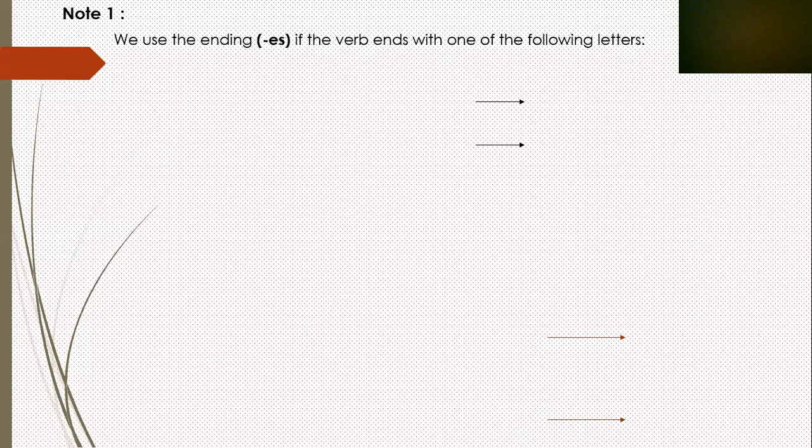If the verb ends with one of these letters: S, SH, CH, SS, X, O, or Z. For example, go. Here you see the verb go ends with O, one of those letters, so it takes ES. The second example, watch. It ends with CH, so here we have to add ES.